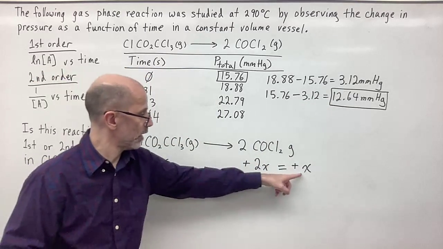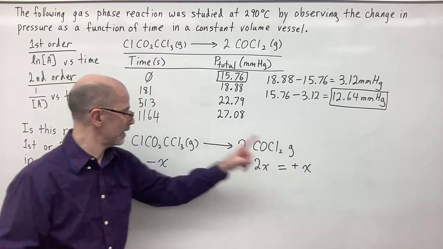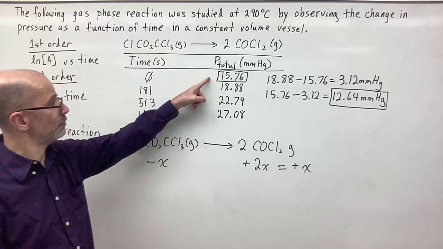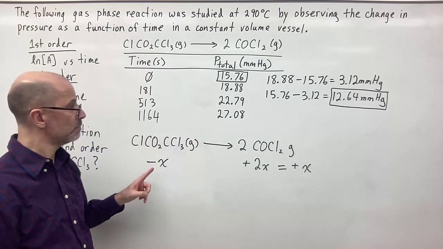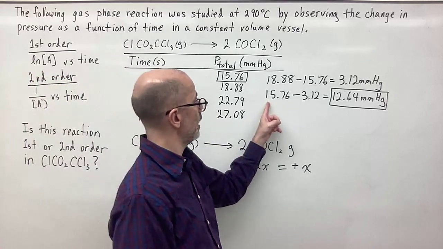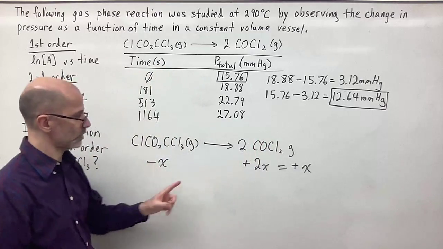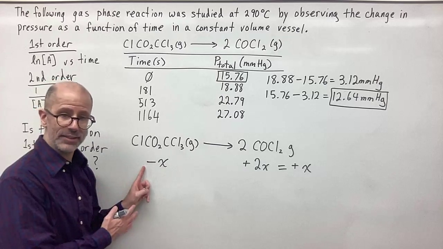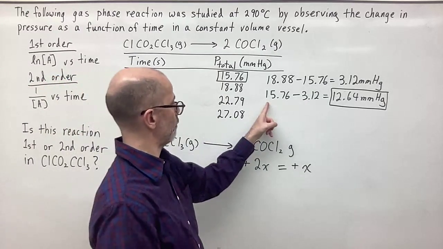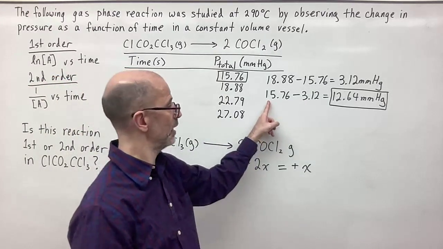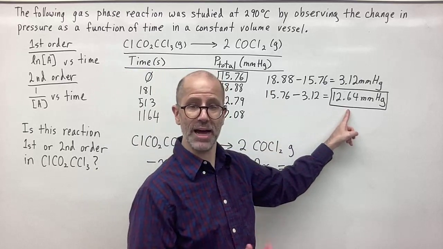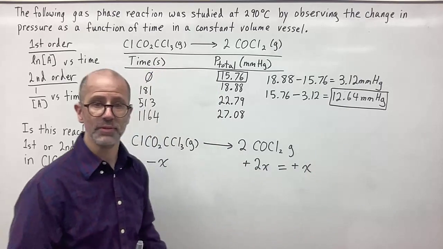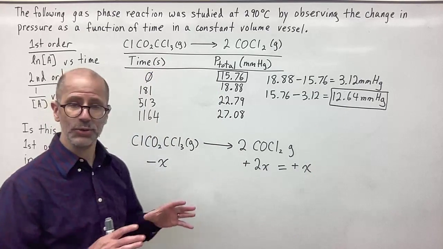And according to this, that gain is the same as the amount I lost in the original pressure, which is the 15.76. And so I subtract that because this is the amount that I lost. So the amount I gain is the amount I lost from the reactant. And when I subtract that from the original amount I started with, this is now how much I have left in the pressure of my reactant. So I hope that was clear.